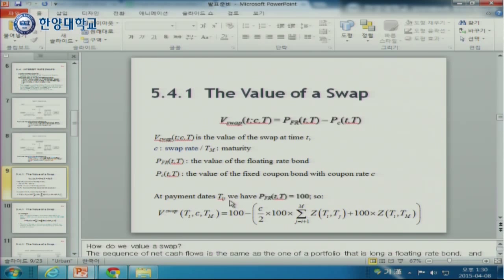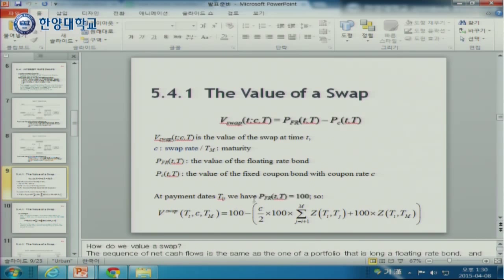So if we add the final face value on both sides, it becomes the cash flow of the floating rate bond and the fixed rate bond. Because we exchange exactly the same face value at the end of the period, we don't have to exchange that, right?